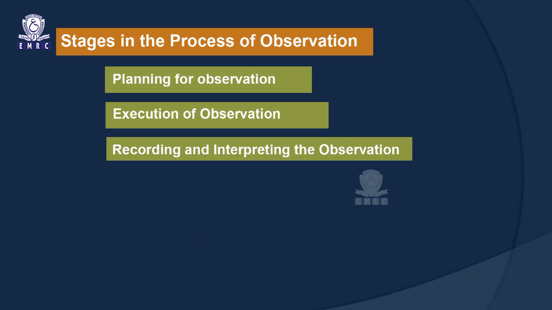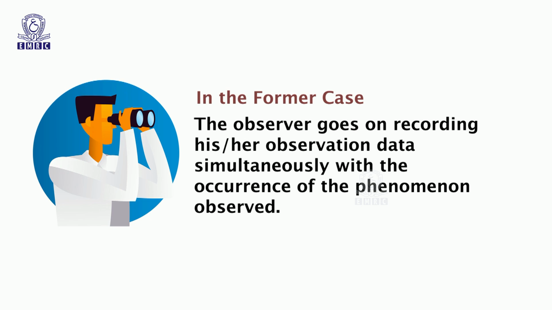And the third stage is recording and interpreting the observation. Recording of the observation data should take place either simultaneously or soon after the observation. In the former case, the observer goes on recording his or her observation data simultaneously with the occurrence of the phenomena observed.